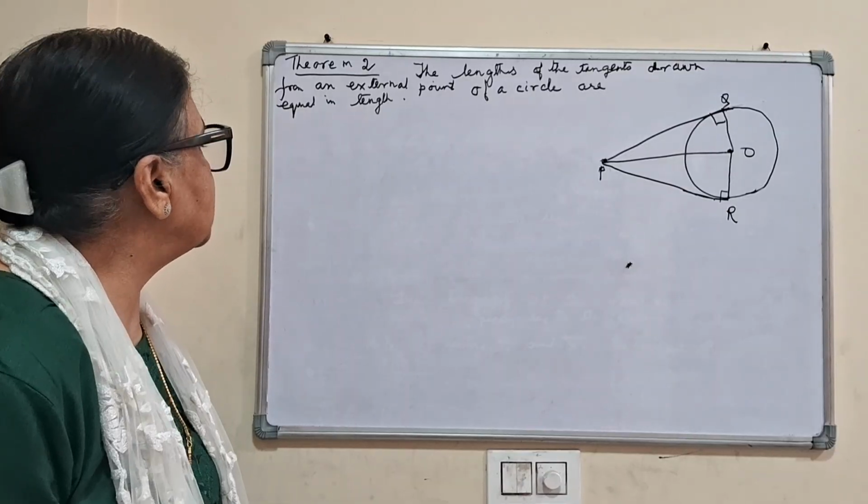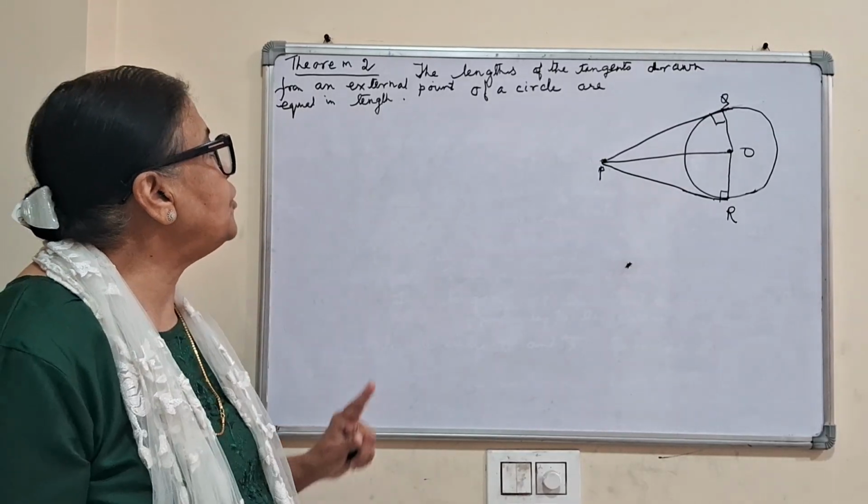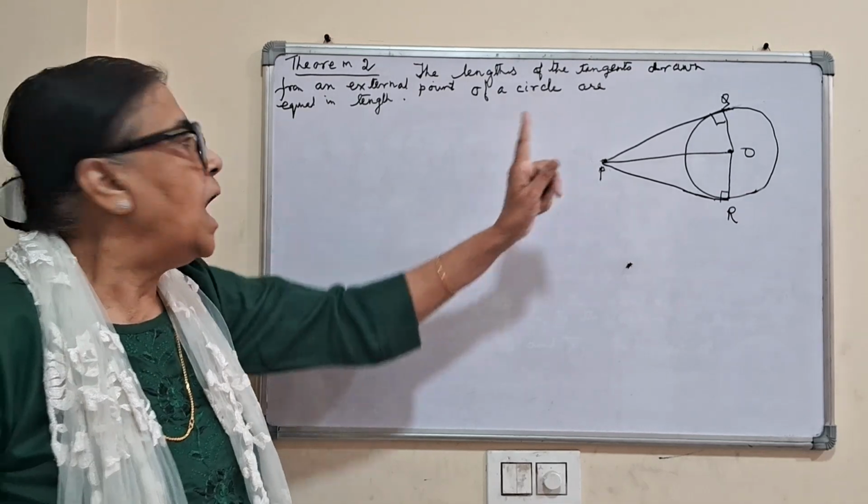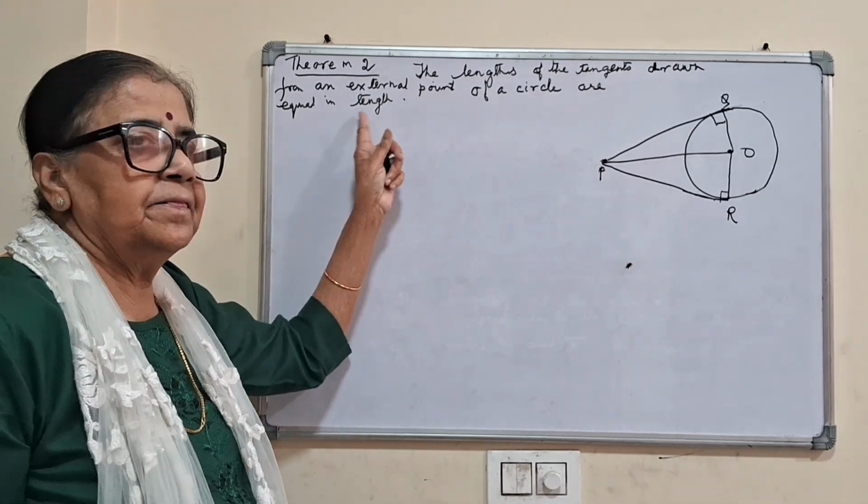Theorem 2 says the lengths of the tangents drawn from an external point to a circle are equal in length.